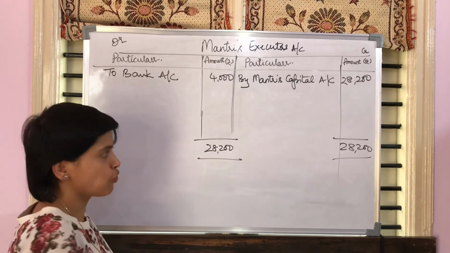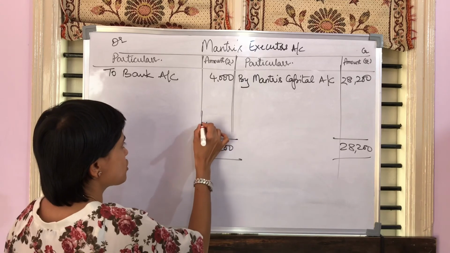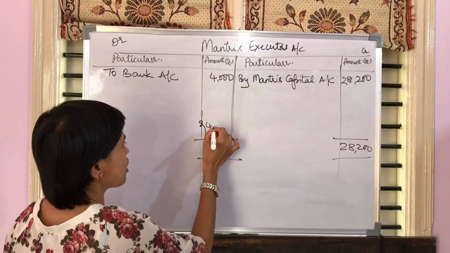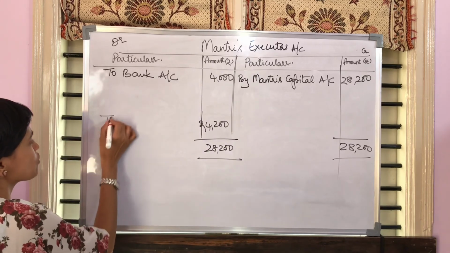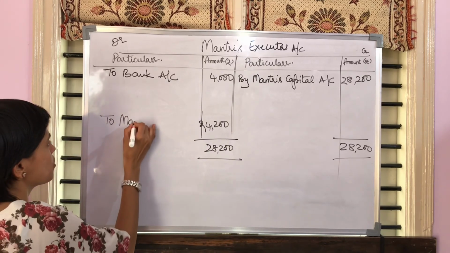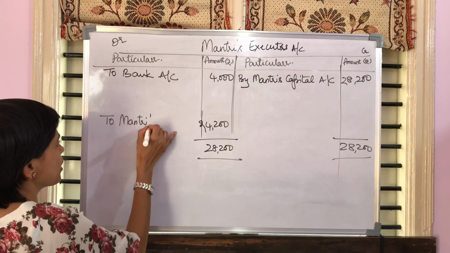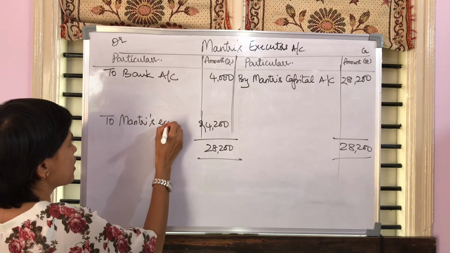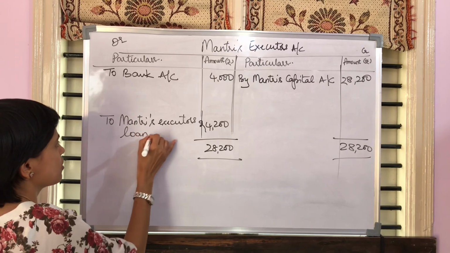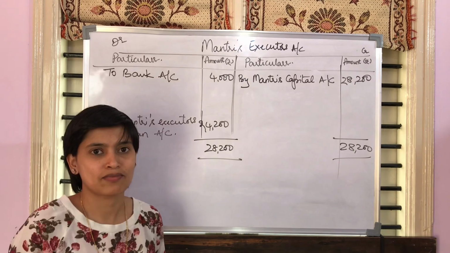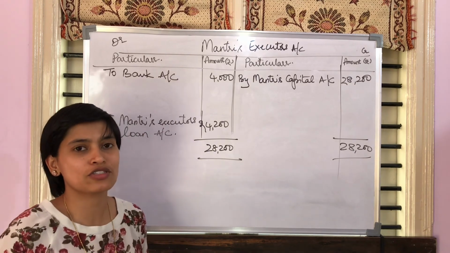Minus 4,000, we will get 24,200, which is now transferred to monthly's executor's loan account. That's it with the solution, students.